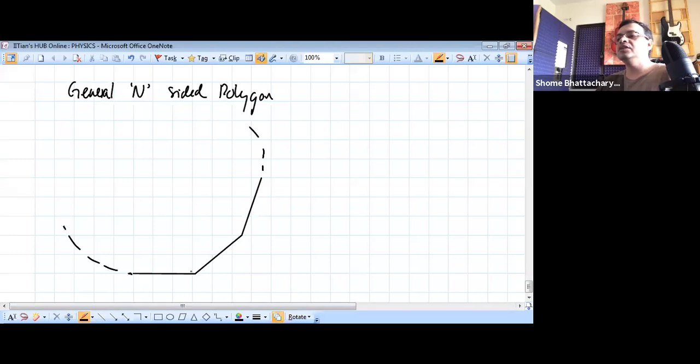So if it is n-sided, then each of these exterior angles will be equal to how much? It will be 360 divided by whatever that n is.